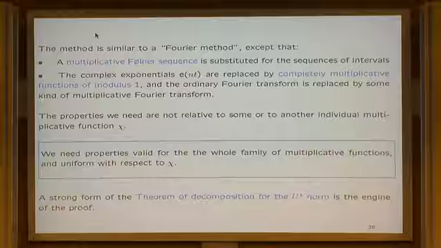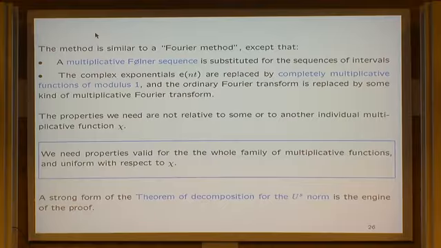But the point is that we cannot consider each multiplicative function separately. In the same way, if we use the Fourier transform, we cannot use properties of some character, some complex exponential, which are not true for another. We use all those coefficients. And here we need to consider simultaneously all the multiplicative functions. It's the reason for which in the preceding decomposition theorem we need something uniform or almost uniform.